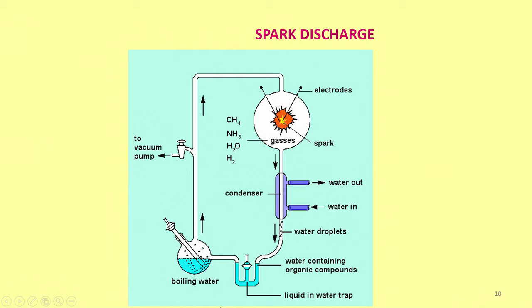Suppose there is butane, then what happens? Butane also is not stable at that temperature. So, maximum concentration will be methane. Similarly, what is the next highest molecular weight you can get? Ammonia. So, this ammonia will be there, and then water vapor, that also will be there, hydrogen will be there.